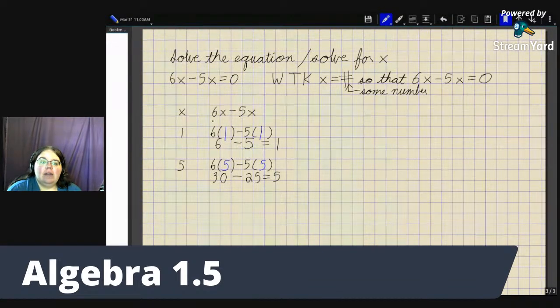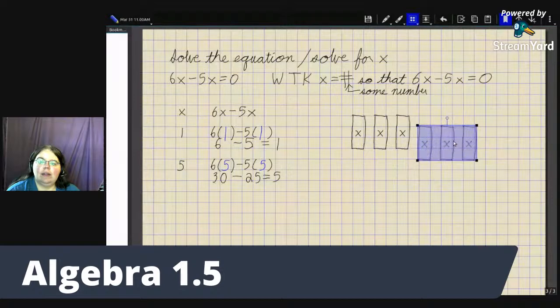So it turns out this expression here, 6x minus 5x, can be simplified. So let's suppose for a minute that that is x. Okay, so that would be 6x, right?